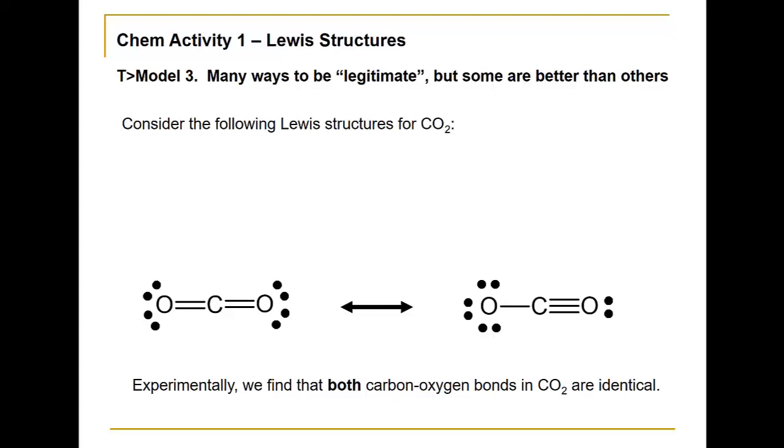You may recall that double and especially triple bonds are shorter than single bonds. If the right-hand structure contributed more to the resonance hybrid, we might expect that the actual molecule has a short carbon-oxygen bond and a long carbon-oxygen bond.